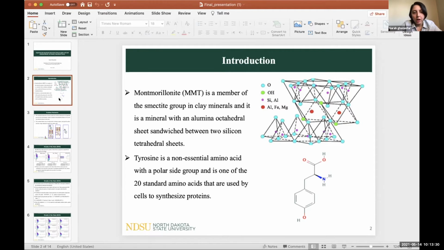So there wasn't any special reason why I chose tyrosine. I just wanted to see the interaction between this tyrosine and the Montmorillonite. I think we can say that we chose this type of amino acid randomly. And for the future calculation, we are going to choose more types of amino acids and then explore their interaction with the Montmorillonite.